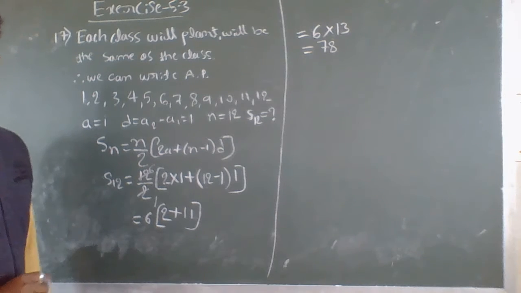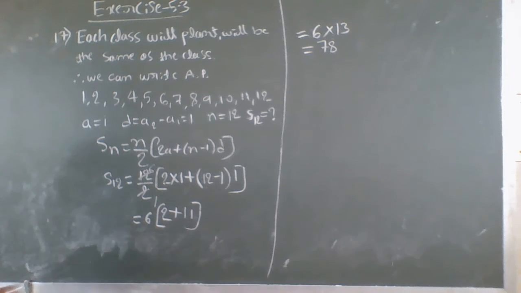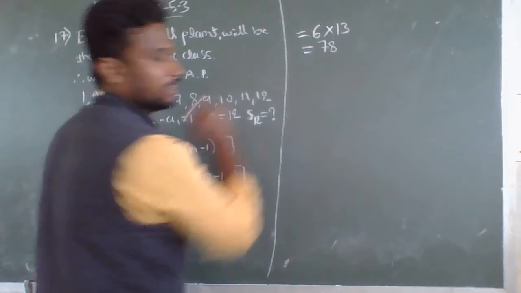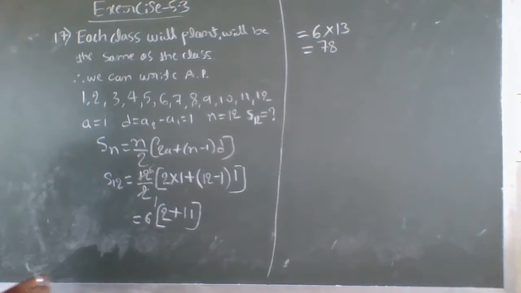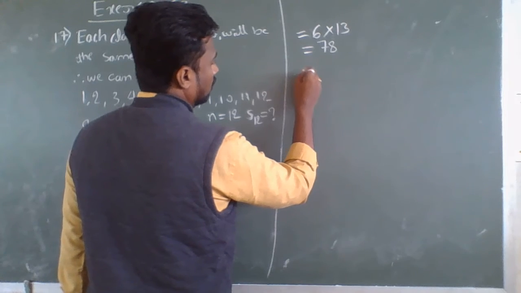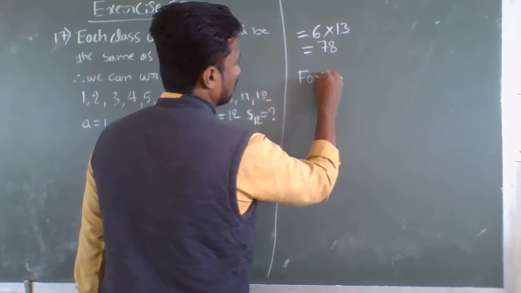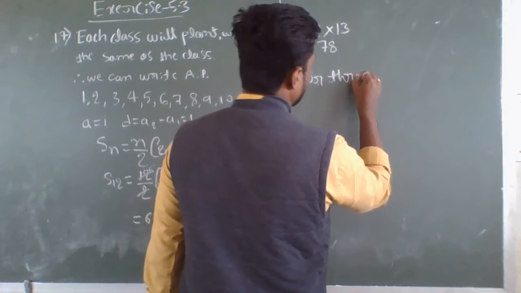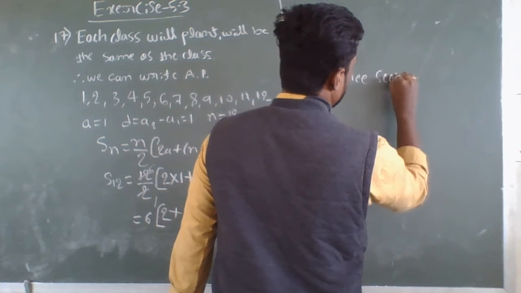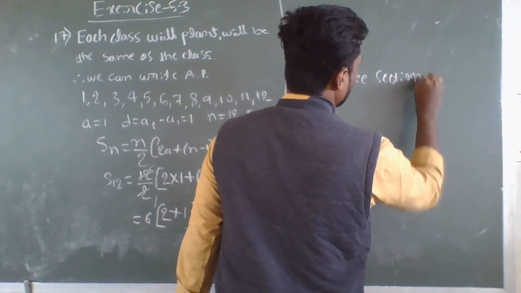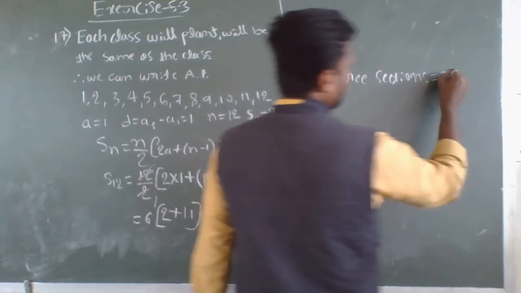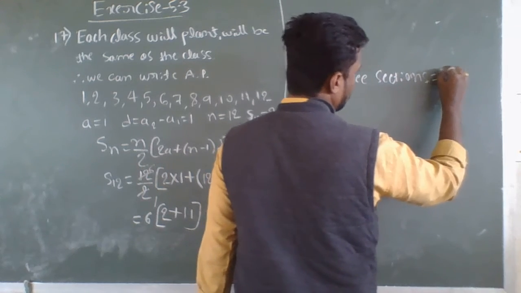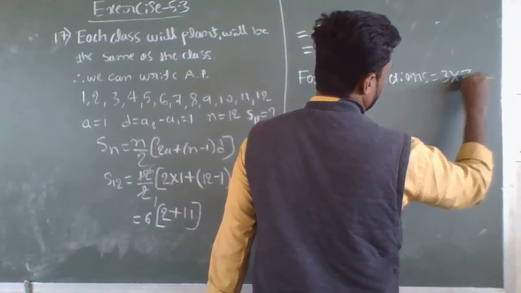What is that? 78. This is for only one section. If only one section of students plants trees, we will get the answer as 78. But there are 3 sections. So for 3 sections, 78 is for one section, which means for 3 sections it is 3 into 78.